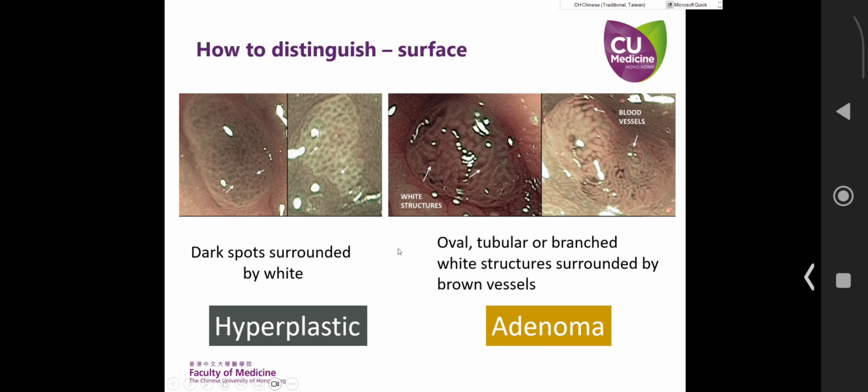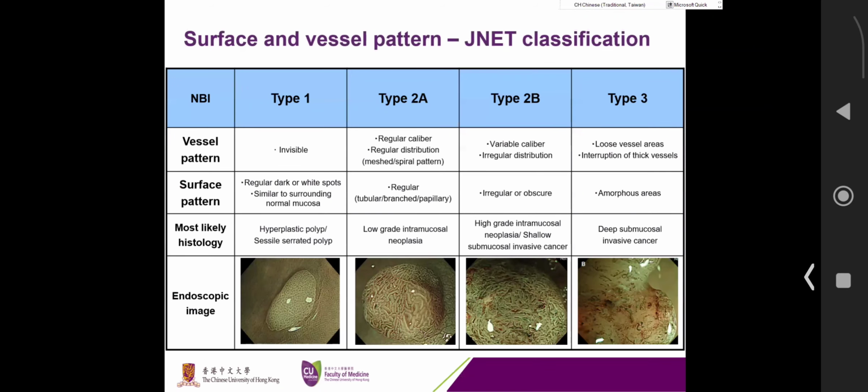So essentially, you can look at the color, the vessel, and the surface pattern to help you decide. Because if you determine this is a hyperplastic polyp, you can leave it inside you. But for adenoma type lesions, you should remove that. But sometimes it's very hard to further differentiate that by using the NICE classification, because an adenoma can be a high-grade adenoma or a low-grade adenoma.